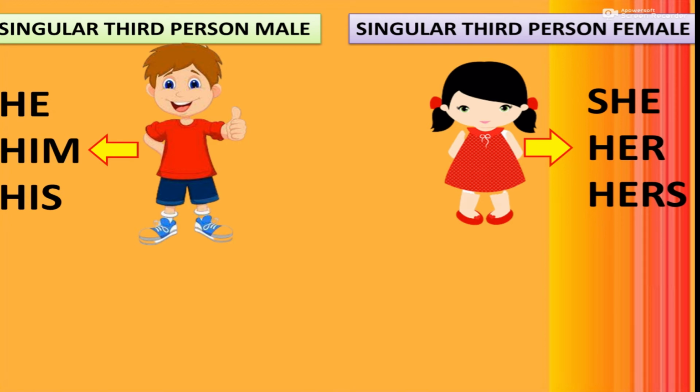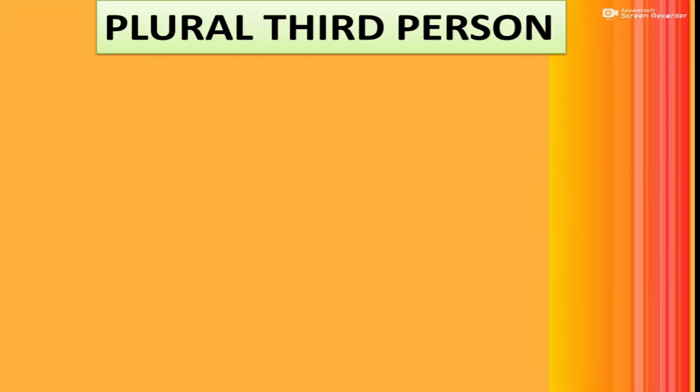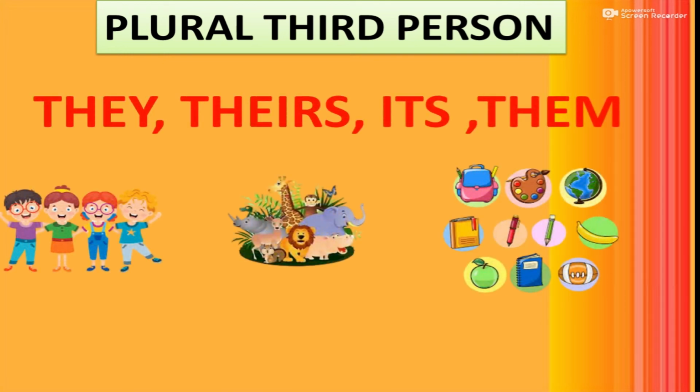And what if we are talking about an animal or a thing that is singular? We will use it. Okay? If we are talking about a singular, means a single animal or a thing, we will use it. But if we are talking about more than one person, that is plural third person, we will add or replace the nouns with they, theirs, its, them.